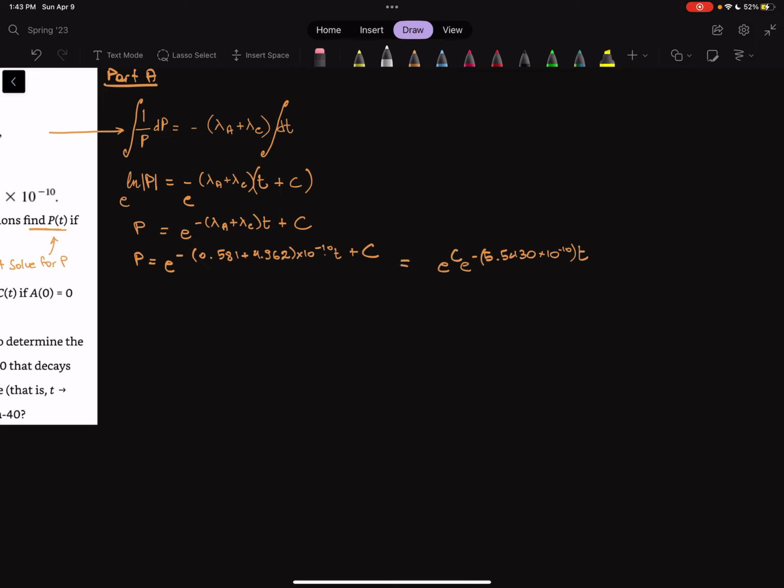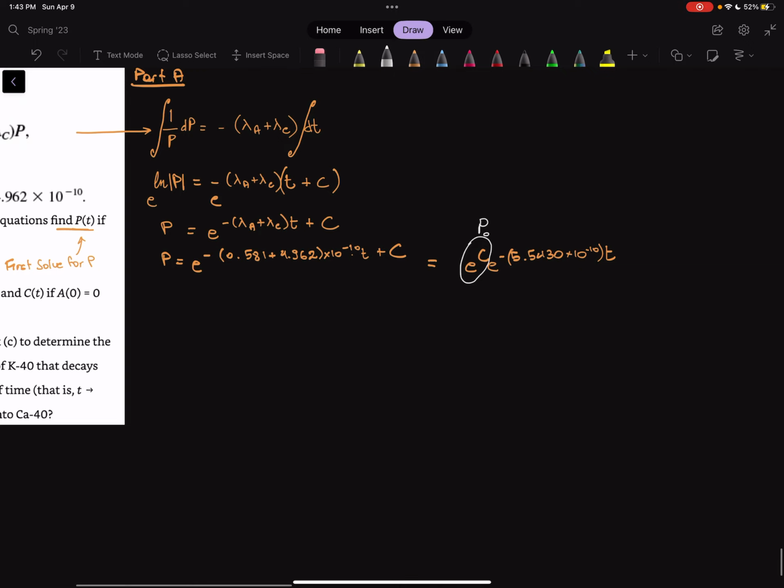But we can rewrite this. We'll say that this is p naught, so that's the initial value. So we can say that p is equal to p naught times e to the negative 5.5430 times 10 to the negative 10, all of that multiplied times t.